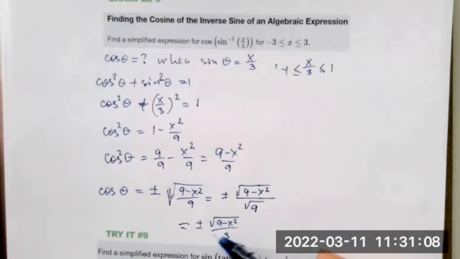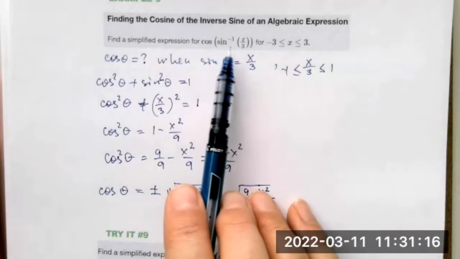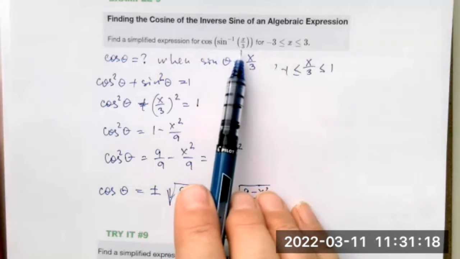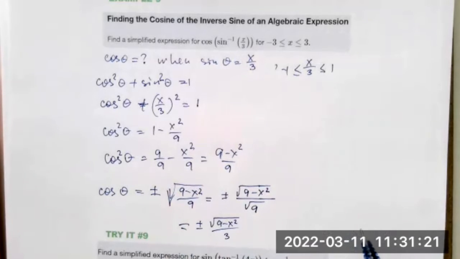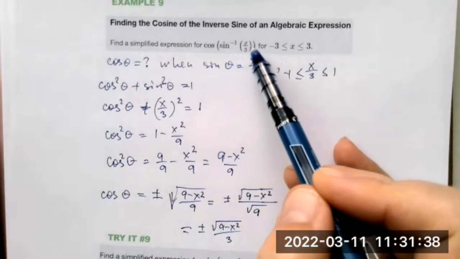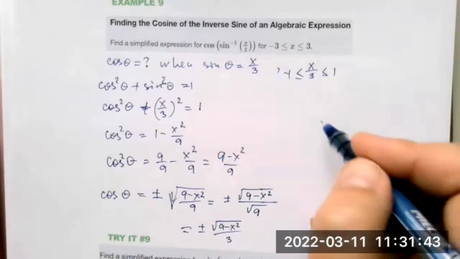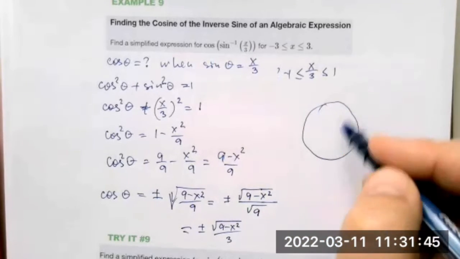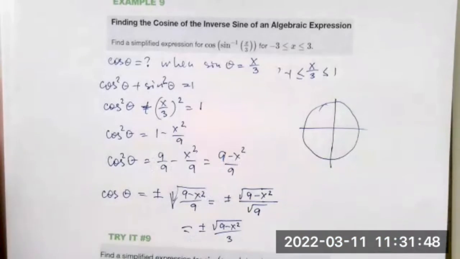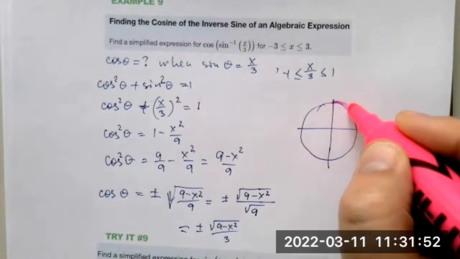Now again, we need to choose the positive or negative value in light of the fact that we're dealing with an inverse function, so there are restrictions there. Since we have the arcsine function in the argument of the cosine, that arcsine function will give a value between -pi/2 and pi/2.